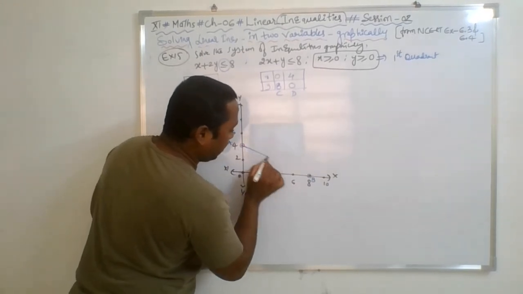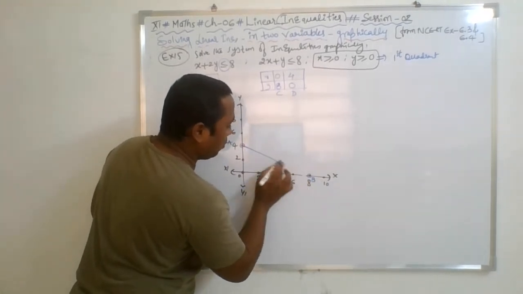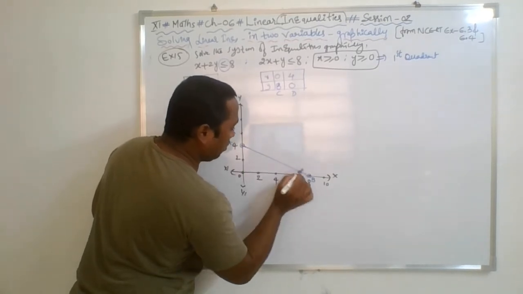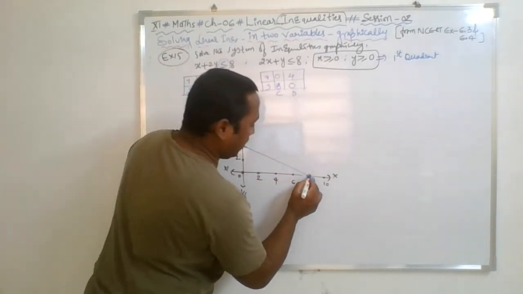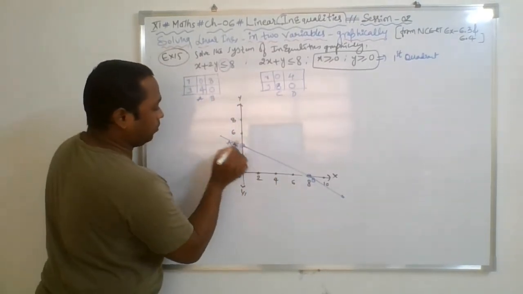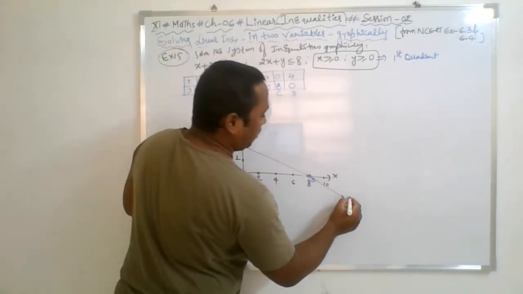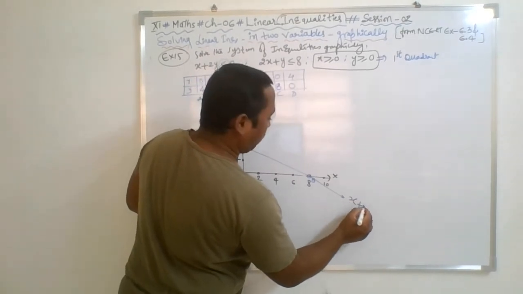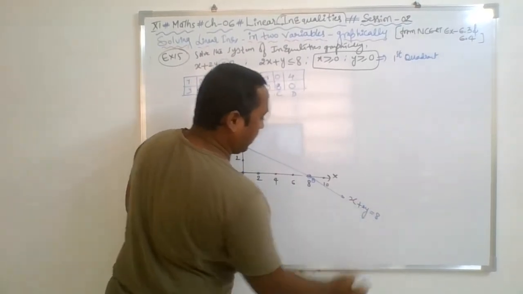With the help of a scale only, please do it because you will be able to get a proper line, and then extend it to some extent. And this is the graph of x plus 2y is equal to 8.